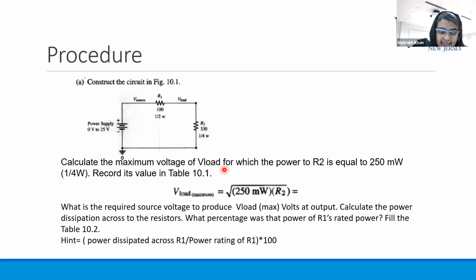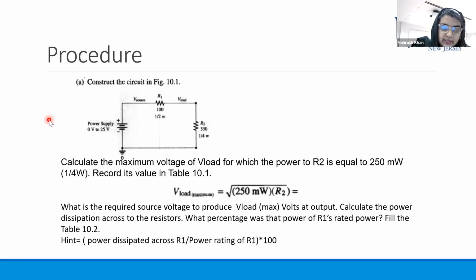So what it says is, calculate the maximum voltage of V load for which the power to R2 is equal to 250 milliwatt. So by using this formula, you will calculate the voltage that you can apply keeping this resistor under its maximum power rating. So its maximum power rating is 250 milliwatt, right?